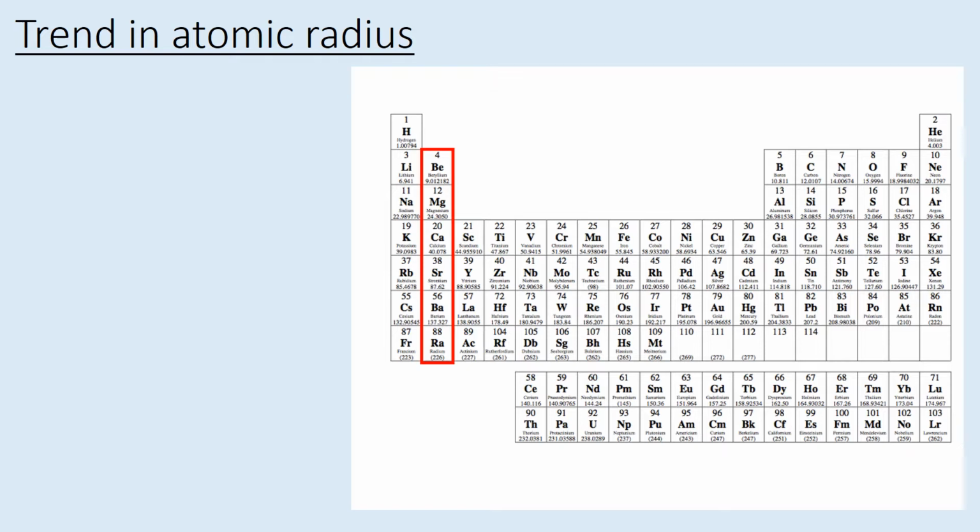Without any exception, the radius increases as you go down the group. That's simply because you've got more shells. Period 2, we've got 2 shells, period 3, 3 shells, period 4, 4 shells. So the more shells you've got, the bigger the radius. And that is true for every single group.